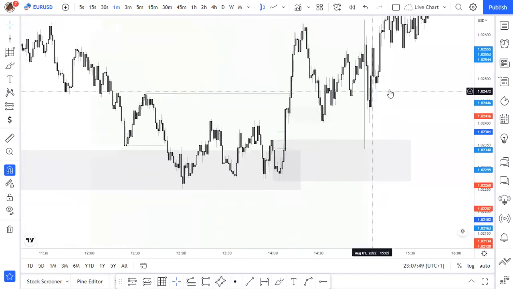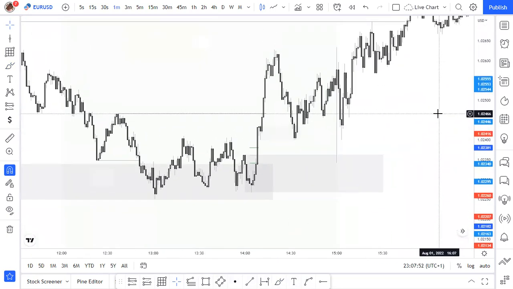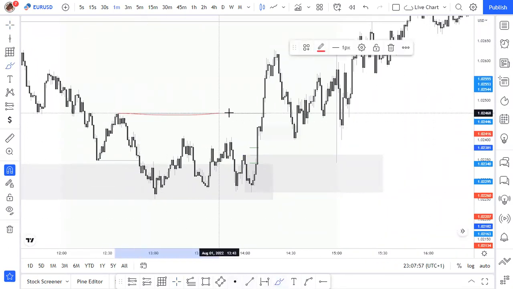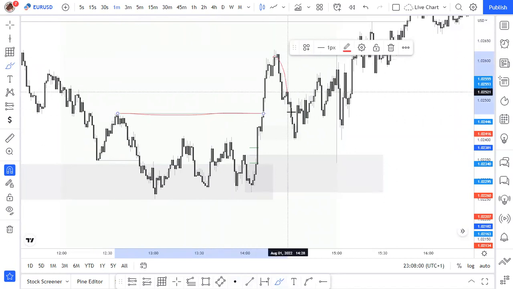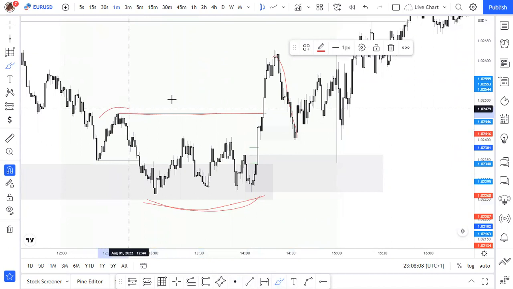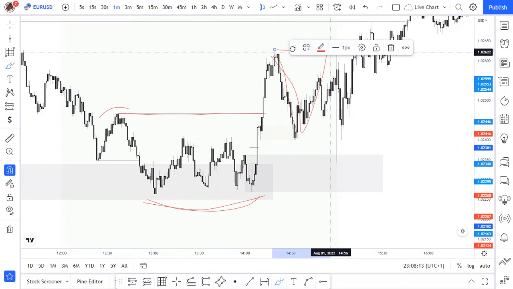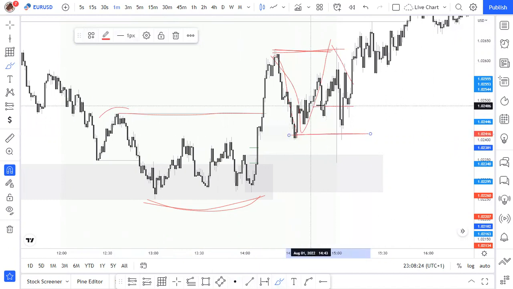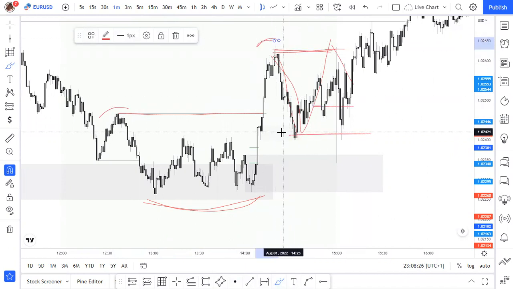What I wanted to see was price break this high, pull back into this low range, and then push up to make a higher high somewhere here. When price makes that new higher high, I can then take the trade whenever price pulls back into maybe a demand zone within this new range.